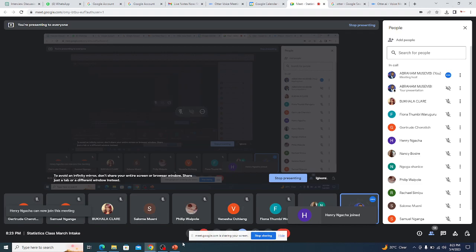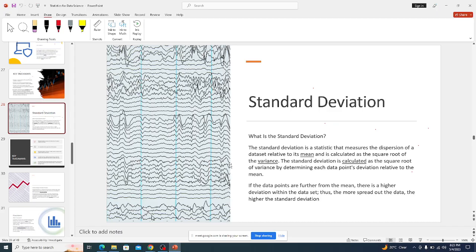Okay, right. So today I want us to discuss standard deviation itself. And remember that we said standard deviation is the square root of variance.